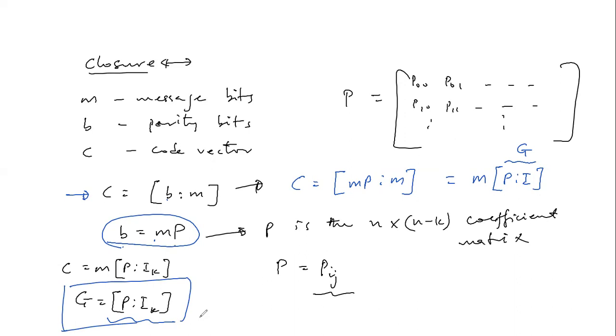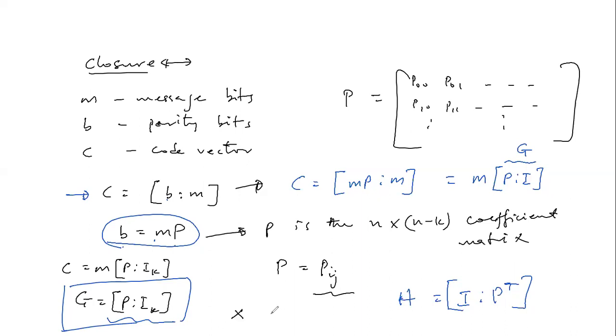Intuitively, by the same measure, we see that the parity check matrix is the same as the identity matrix followed by the transpose of the parity matrix. Recall that in a transmission we have a communication channel.